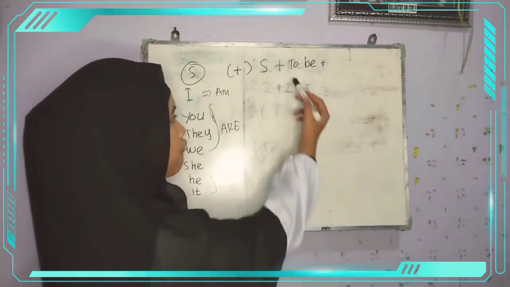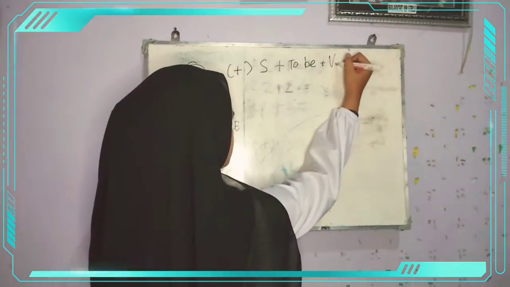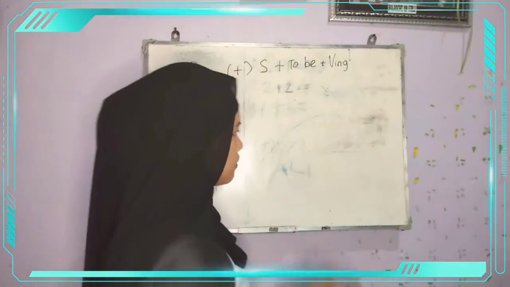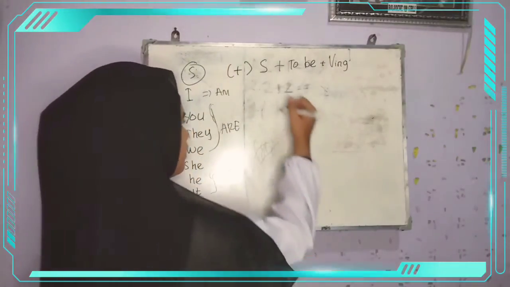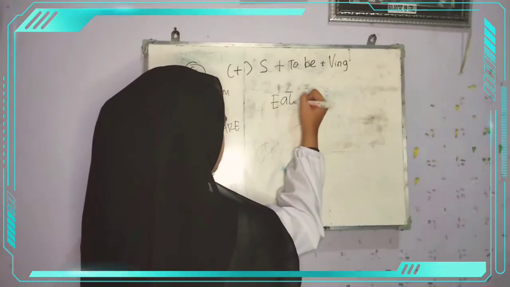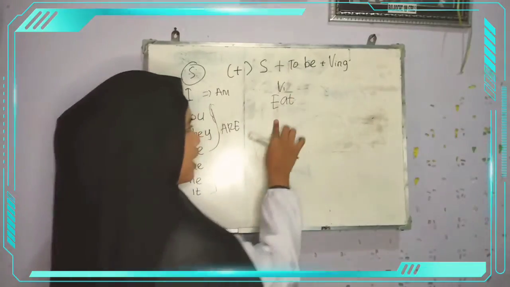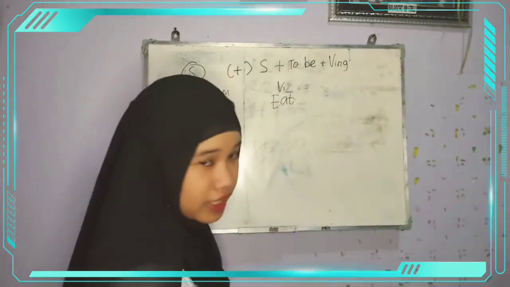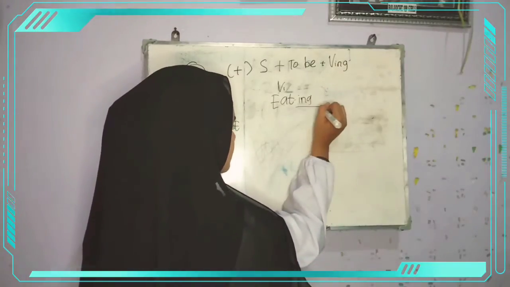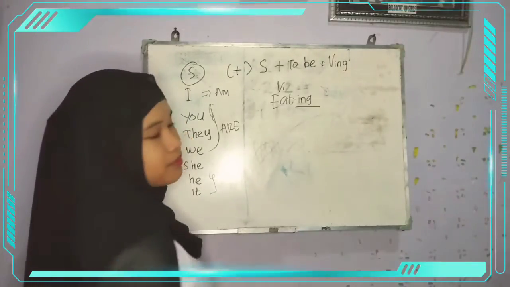Next, after to be, we use verb-ing. What is verb-ing? We have an example. Verb 1 is eat. What about verb-ing? We add -ing at the end: eating.